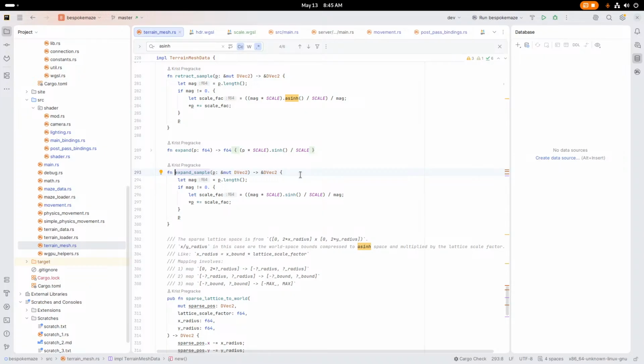We also divide by x, but then x is already divided by L. Okay, so the whole thing becomes L sinh(sx over L) all over sx. And then we multiply by x.